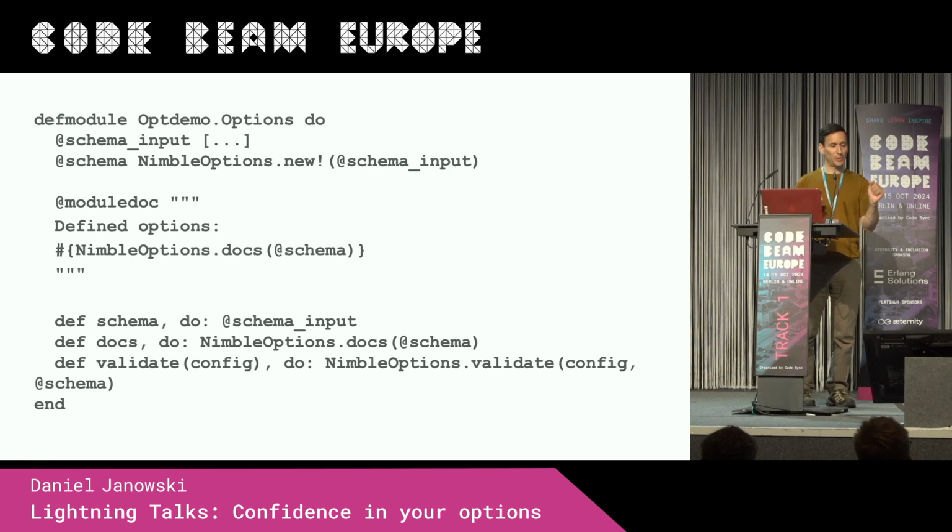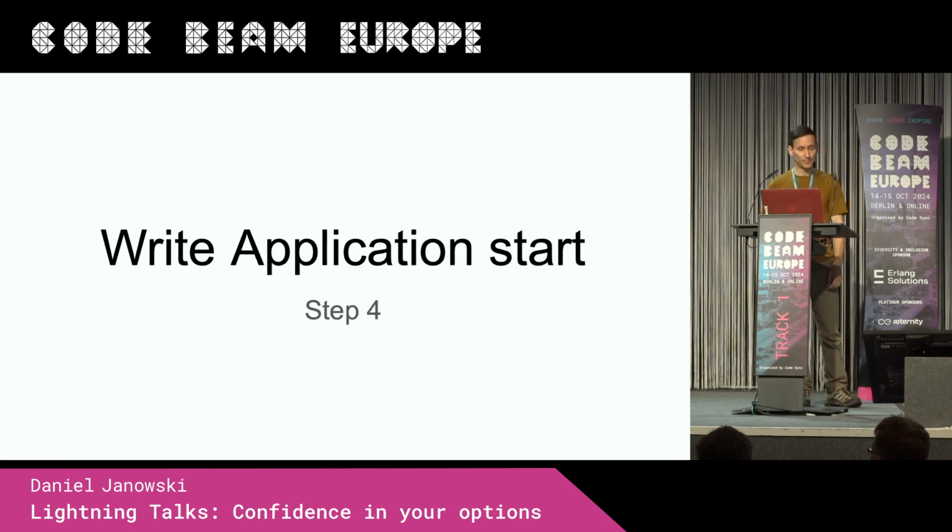So what I've started doing is creating an options module, which is directly under whatever my OTP application module name is. So you've got the schema input, you've got the schema. One really nice thing is that it automatically generates documentation, which you'll see later. And then I have a few convenience functions to retrieve the schema, retrieve the documentation, and then to actually validate with whatever the configuration input is.